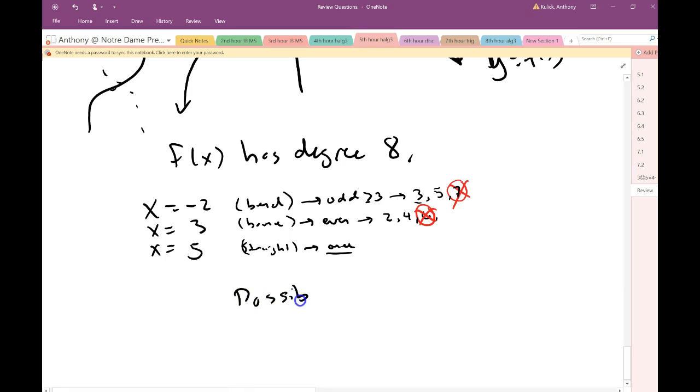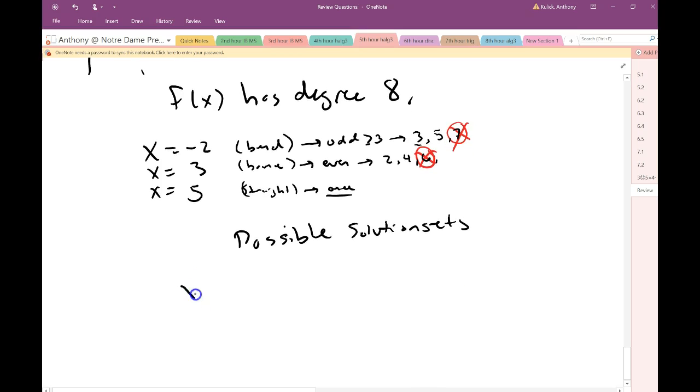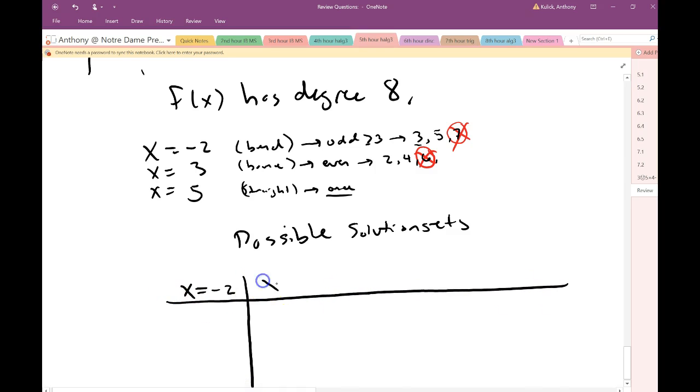So using this information, I can now make a table of possible solution sets. I have 3 solutions that I can see, but I could always have a solution that I can't see.